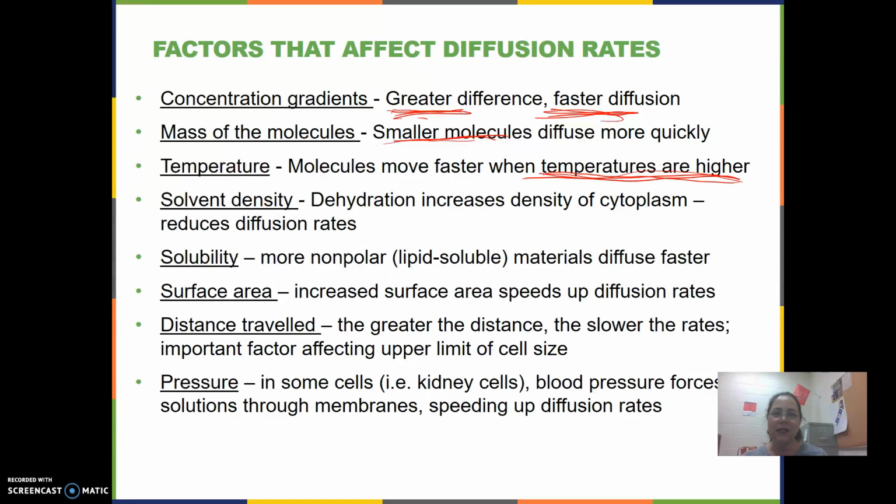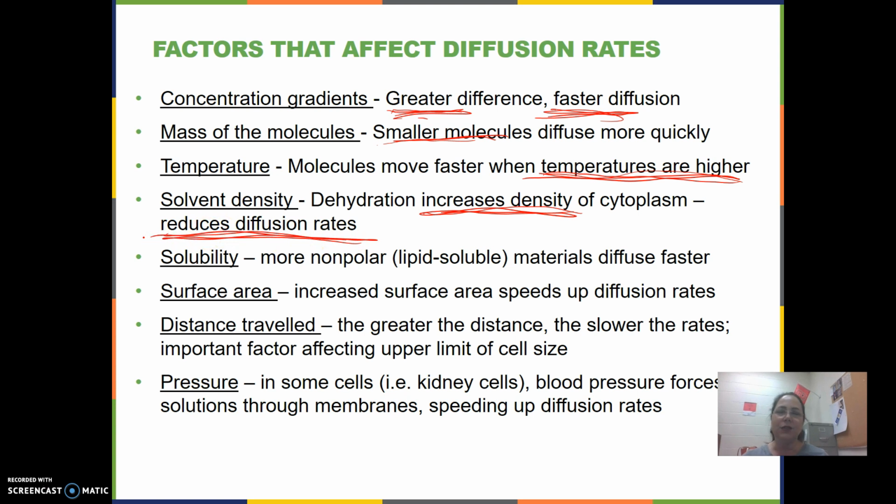So dehydration increases the density of the cytoplasm, and the more dense that the solvent is, the slower the diffusion rate. So increased density of the solvent means decreased diffusion rate.